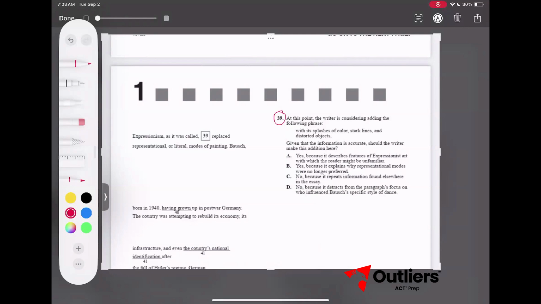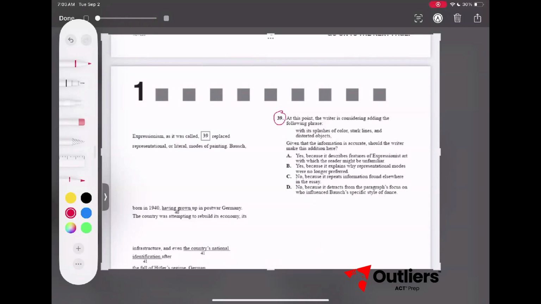So let's just go ahead and read our question, and we'll read it with the added portion in. Expressionism, as it was called, with its splashes of color, stark lines, and distorted objects, replaced representational or literal modes of painting.